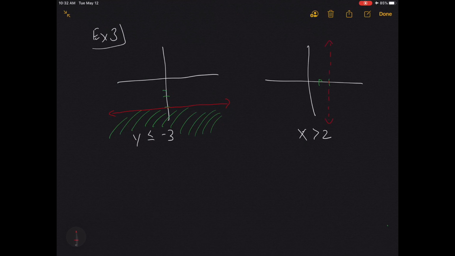And then you just have to ask yourself, okay, if x is greater than 2, is it to the right of 2 or is it to the left of 2? Okay, if you want it to be greater than 2, that means it's got to be bigger than 2. So it should be everything to the right of x equals 2. Again, no real need to actually pick a point to test. With a vertical or horizontal line, those should be relatively intuitive.